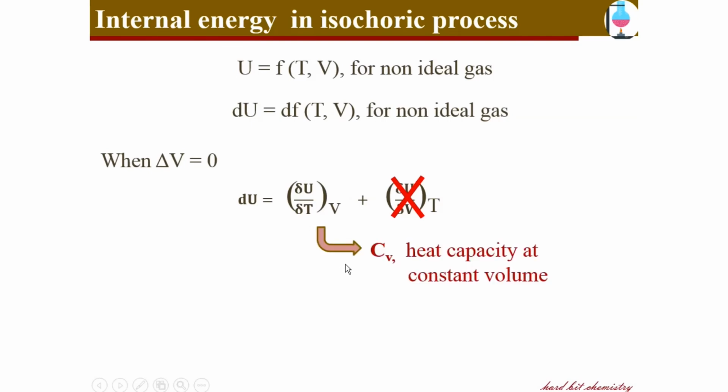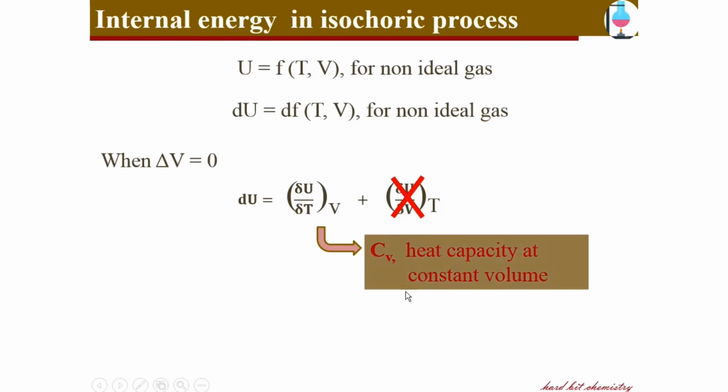That factor is defined to be the heat capacity at constant volume, denoted by Cv with a suffix. So, the change in internal energy with respect to a change in temperature at constant volume will give you the heat capacity.